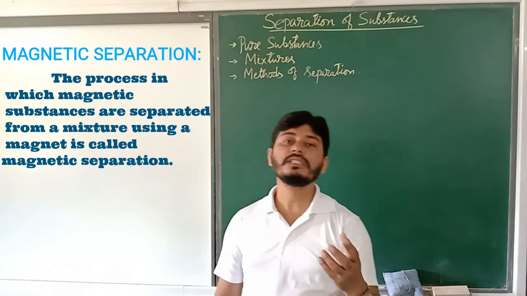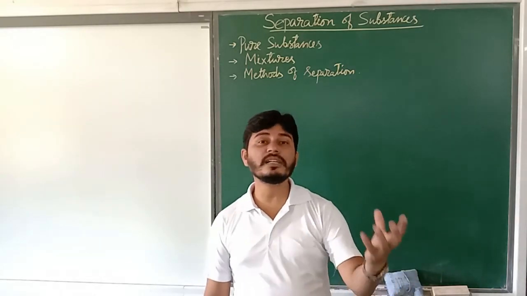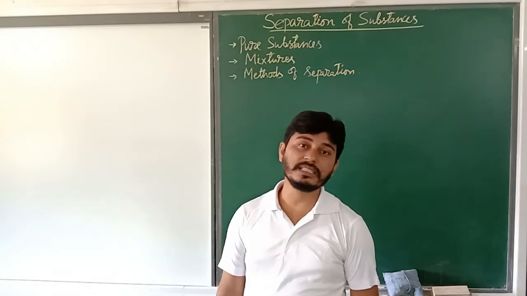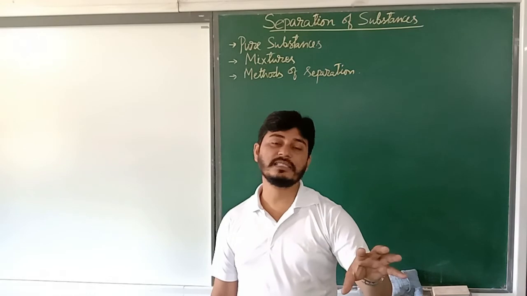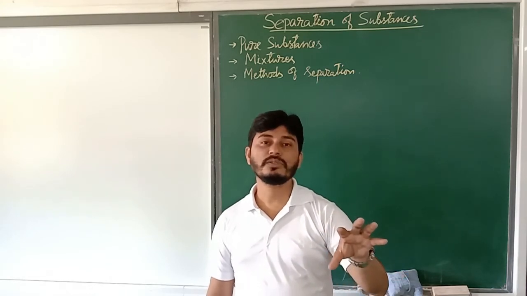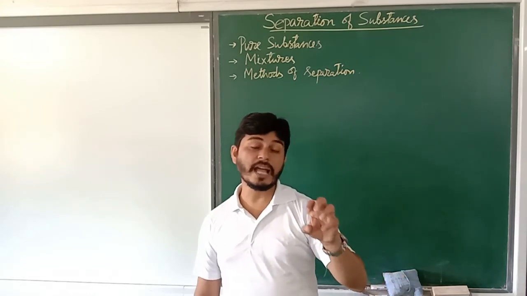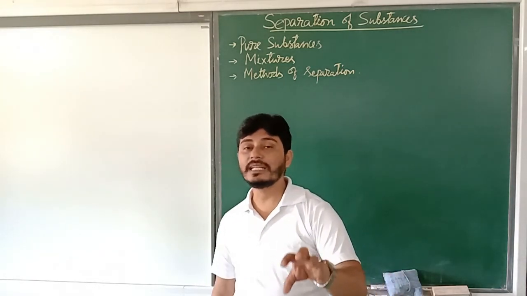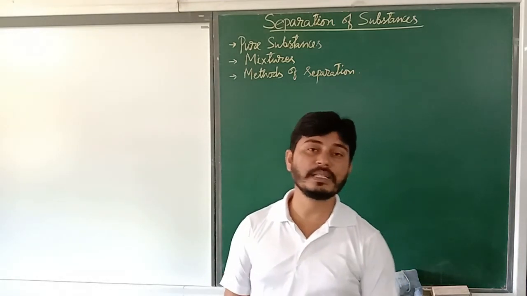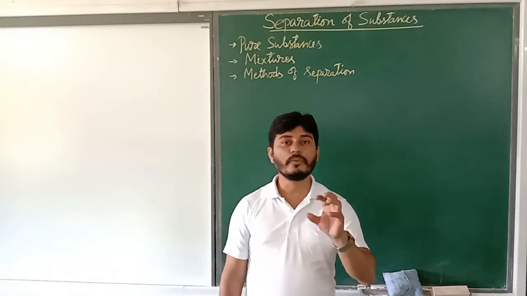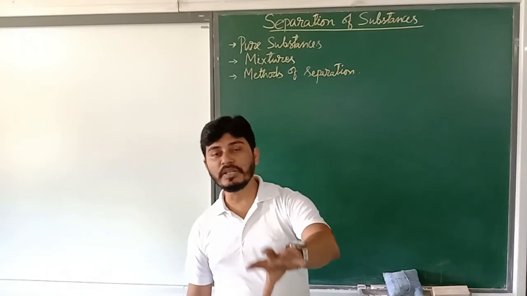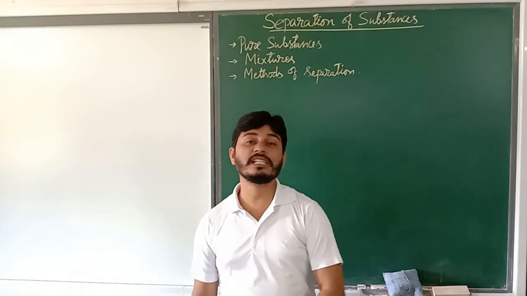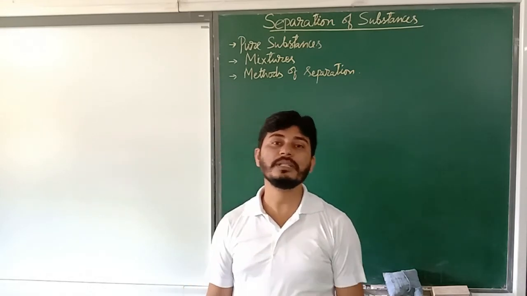Say for example, in garbage, if there are some iron filings which need to be separated, then a magnet is used to separate the iron filings from the garbage, because iron is a metal and it is attracted by a magnet. It is a magnetic substance. So when a magnet is taken near the mixture, all the magnetic substances, the iron filings, are attracted by the magnet and the mixture is separated.